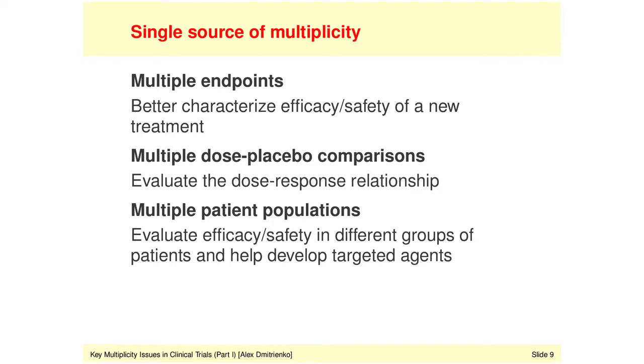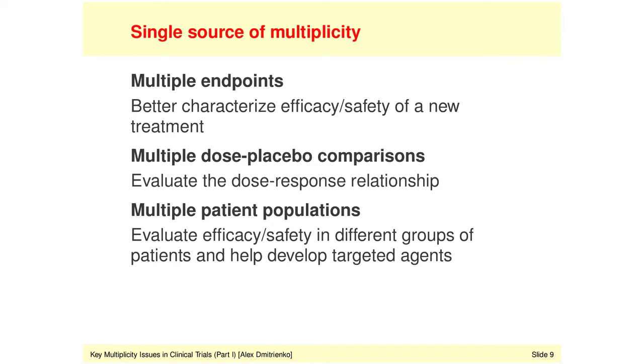The last example deals with clinical trials that employ multiple patient populations. As I said a few slides back, with the development and emphasis on genomic technologies and with increasing emphasis on the development of targeted agents, we see more trials with multiple patient populations, in other words, multiple subsets of the overall population that are analyzed in addition to the analysis in the general population of interest.